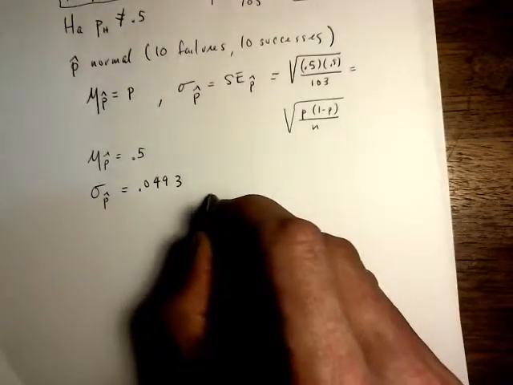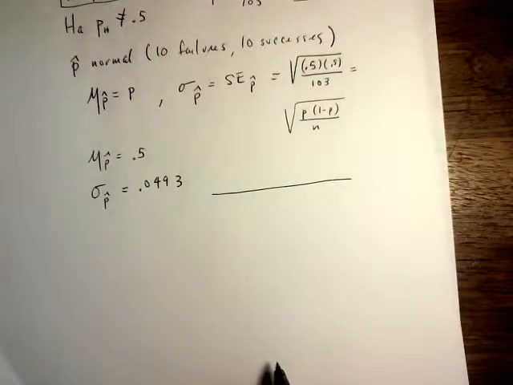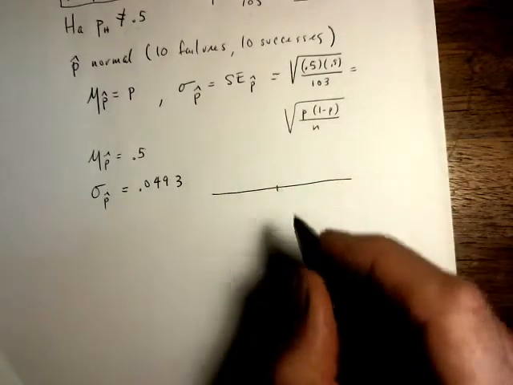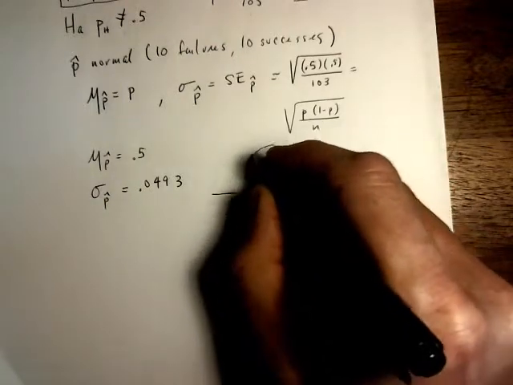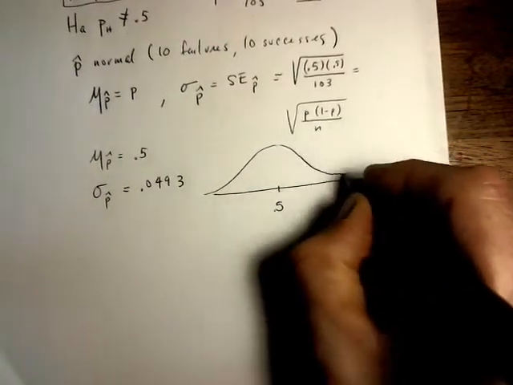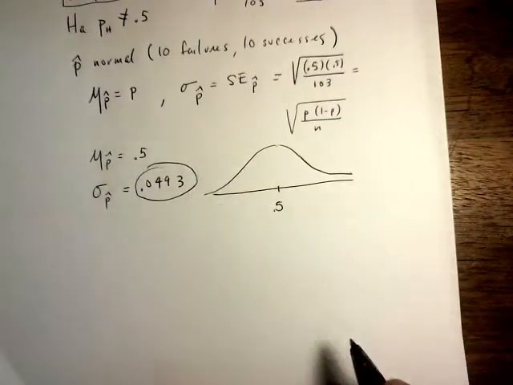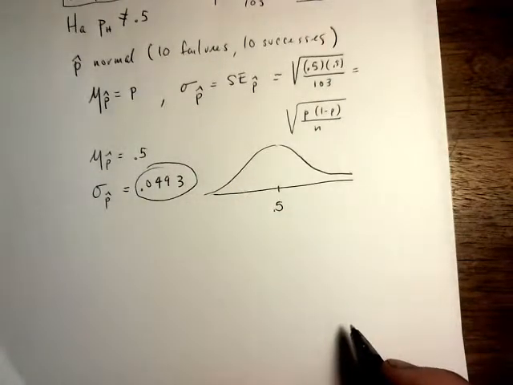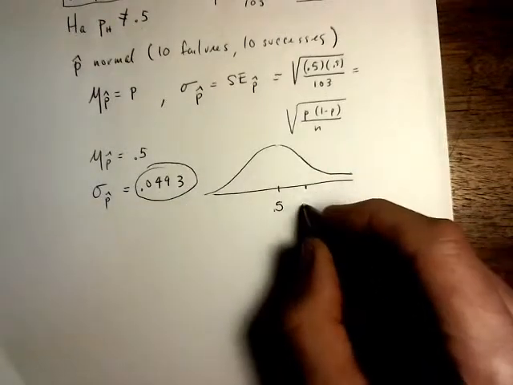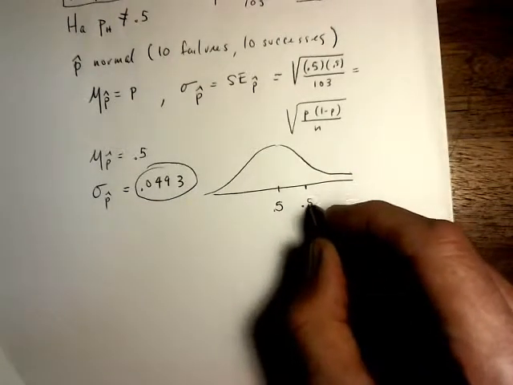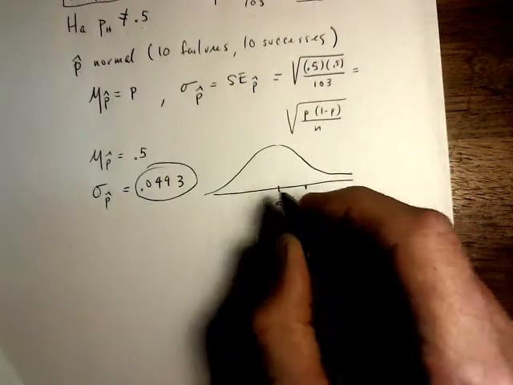Well, if we have a distribution of p hats, and that distribution is normally distributed, centered at 0.5, and that distribution has a standard deviation of 0.0493, so let's go like this. This would be 0.5 plus that, so this would be 0.549.